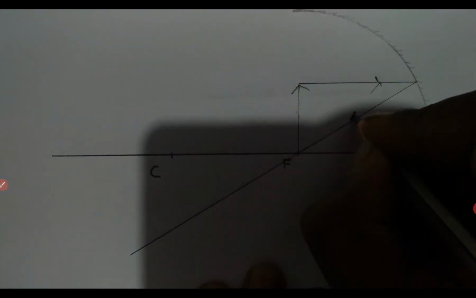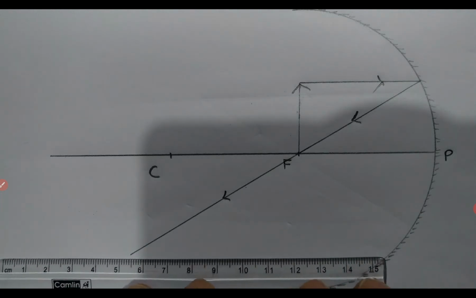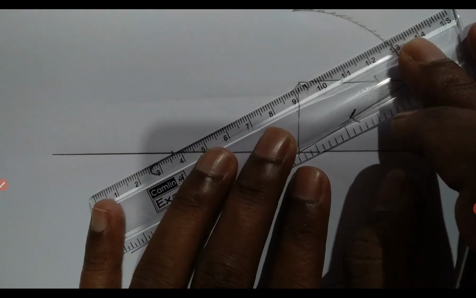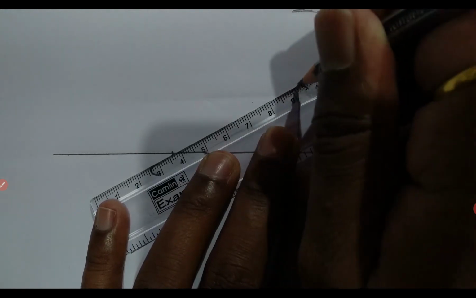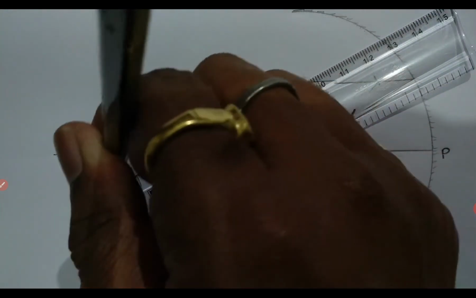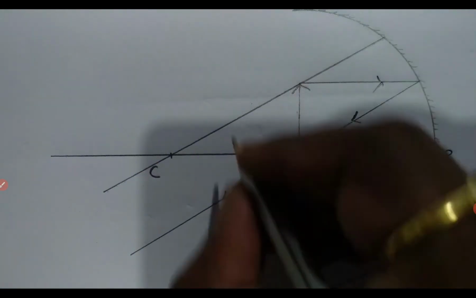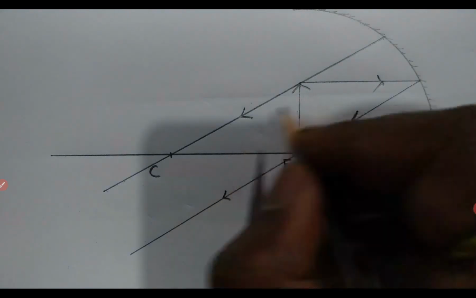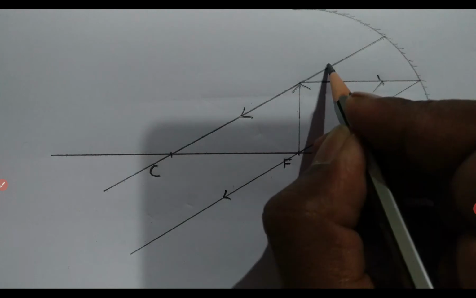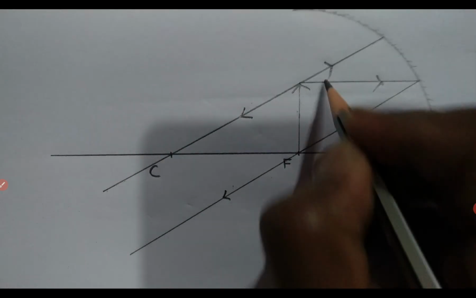Okay, I got my reflected ray. This is my reflected ray here, and then I need to draw the second ray in order to complete the diagram. The second ray I am taking in such a way that it gets reflected through the center of curvature. So here you can see it gets reflected through the center of curvature. Okay, so this is my complete diagram here.